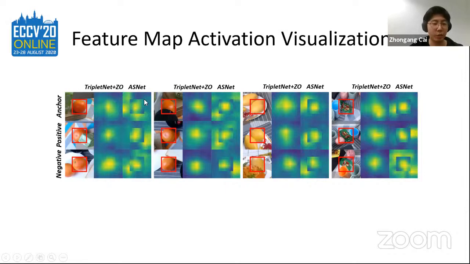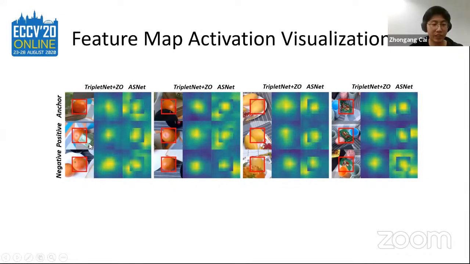And ASNet is using a two-branch architecture. We can see over here, ASNet forces the network to look at the surrounding area. For zoom out, we can see all the neural network activation is concentrated at the center of the image crop. But for ASNet, there is also some attention around the object itself at the center.